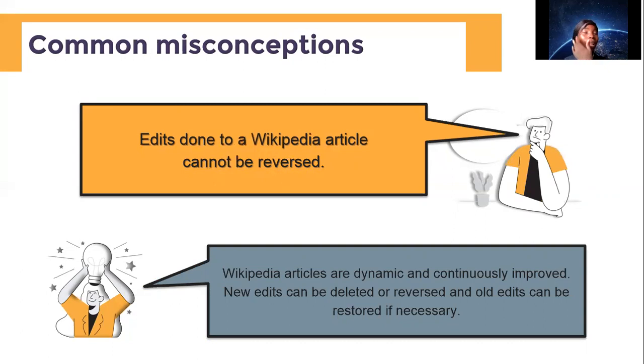Let's take for example, we have a new president in Nigeria, and the old president's name is on a Wikipedia article. A volunteer will go on that article to edit out the old president and replace it with the new president. So it's always a dynamic and continuous thing, and usually most articles are always updated.